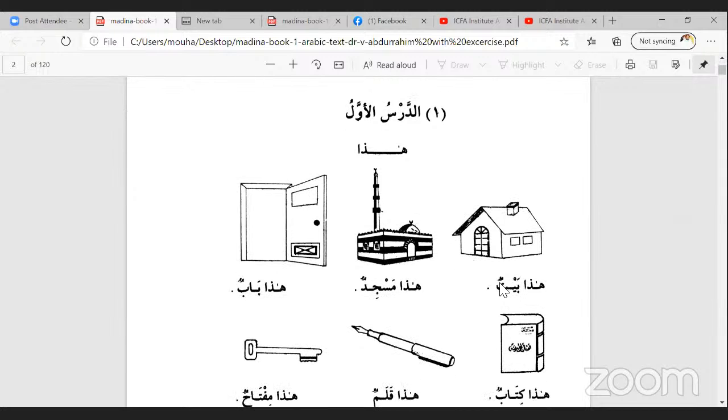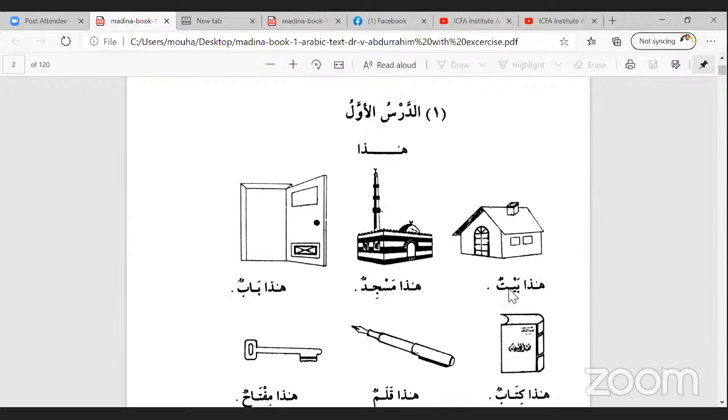Okay, and we also know that the tanween represents the article and indefinite in Arabic. Number 3, we learned that Arabic has no word corresponding to the English is. Arabic has no copula.